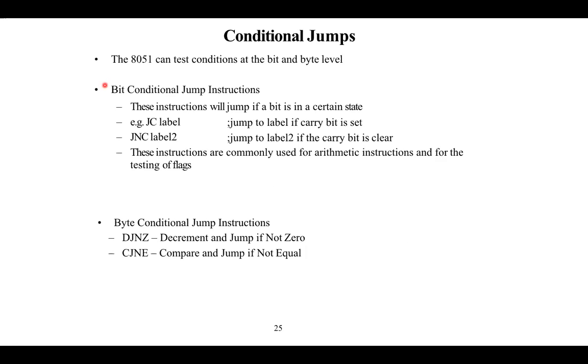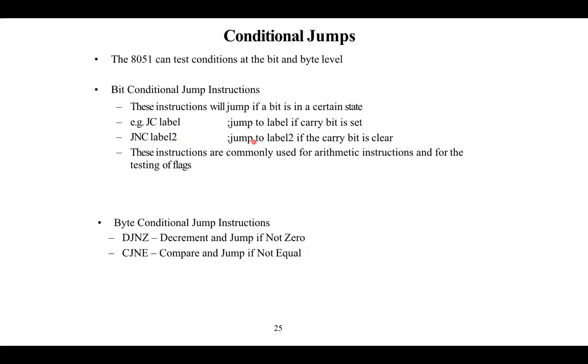Conditional jump. The 8051 can test conditions at the bit and byte level. Bit conditional jump instructions will jump if a bit is in a certain state. JC label: jump to label if the carry bit is set.